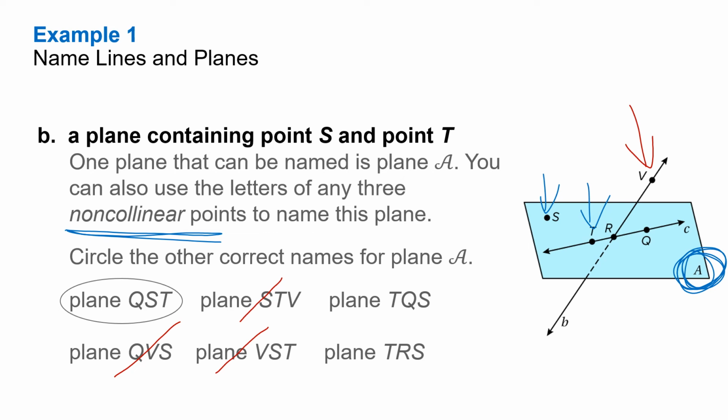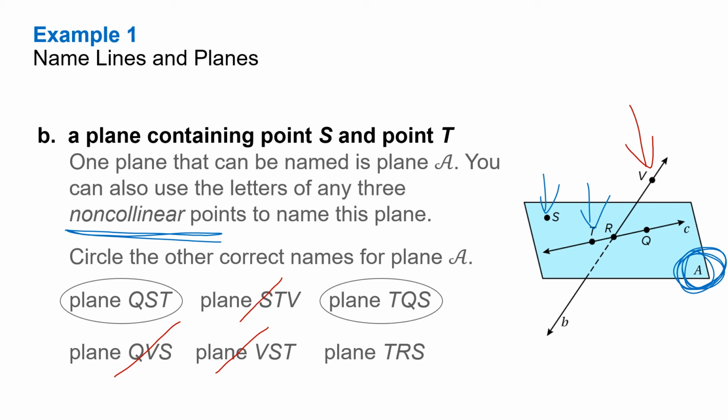Let's look at plane TQS. So again, we have T on line C and Q on line C, and then S is in plane A, but it does not lie on line C. So we are allowed to use TQS because they are three non-collinear points.